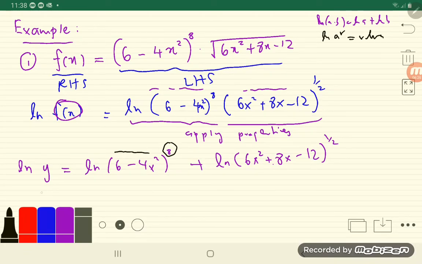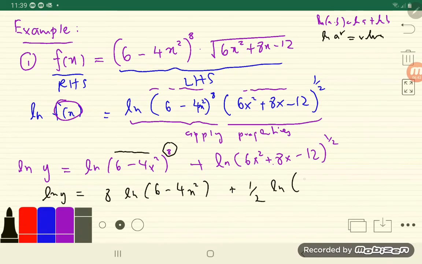So you can change it into ln y equals 8 ln (6 minus 4x squared) plus 1 over 2 ln (6x squared plus 8x minus 12). Okay, so when you have utilized all the properties, you can start to differentiate here.